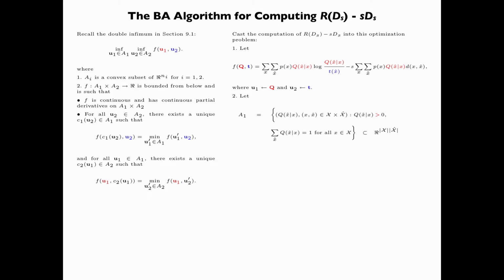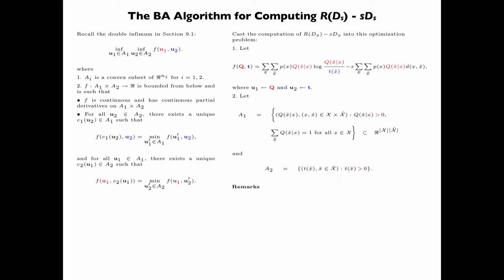Let A1 be the set of all transition matrices Q such that q(x hat|x) is strictly positive and the summation over x hat of q(x hat|x) is equal to 1 for all x, where A1 is a subset of the Euclidean space of dimension equal to the size of alphabet X times the size of alphabet X hat. And let A2 be the set of all t such that t(x hat) is strictly positive.